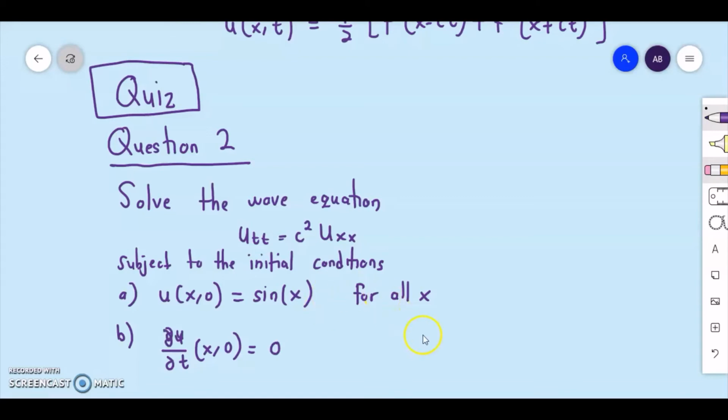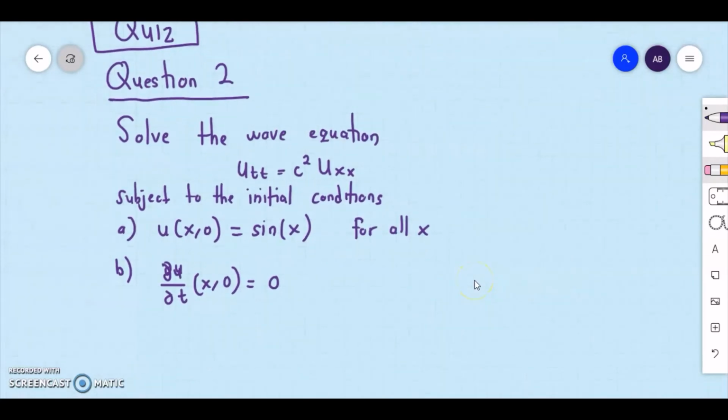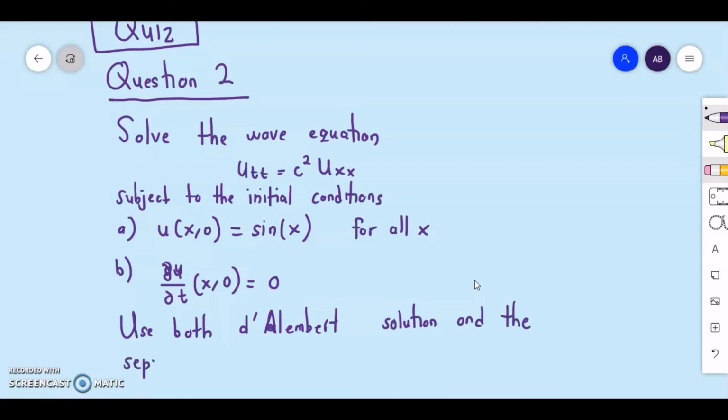Okay, so I want you to use both the d'Alembert solution, A should be a big letter A, and the separation of variables approach, and show that they both give the same result.